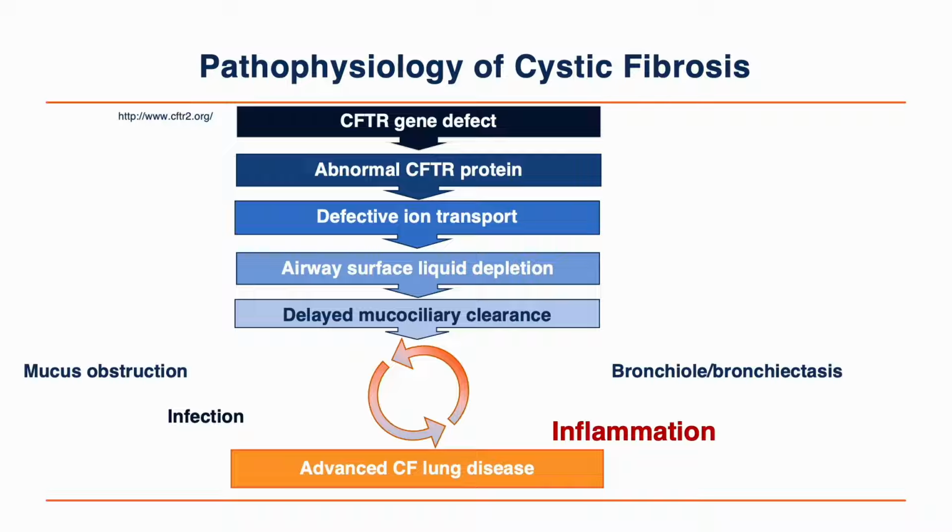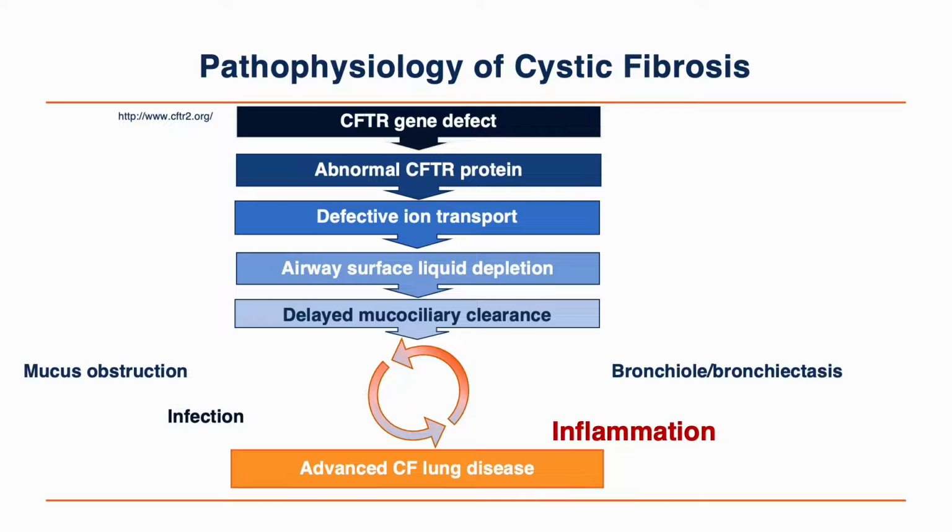So the CFTR gene defect is a genetic inheritance of a defective protein, and that abnormal CFTR protein is responsible for moving salt and water across the airway. The defect in the protein causes a defect in movement of salt and water, and the airway surface becomes liquid depleted like a desert, as I showed in the previous slide.